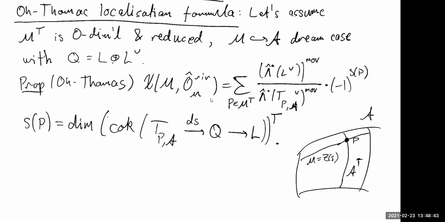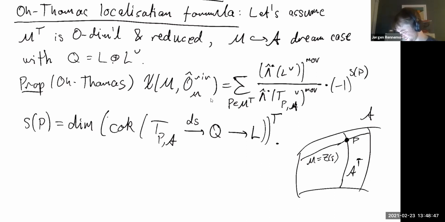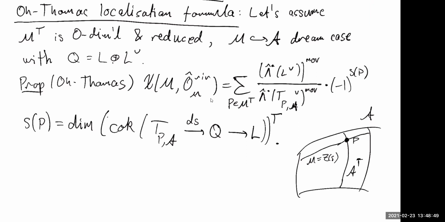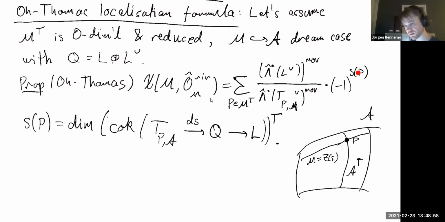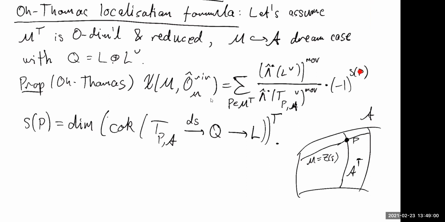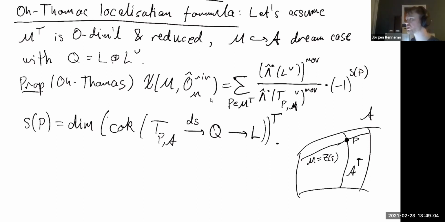Suppose the picture is exactly like you wrote down. So the fixed locus is transverse to M. Then my understanding is that the sign is 1, the exponent is 1, or that sign is 0? That's not the case. No, I would say that's exact.